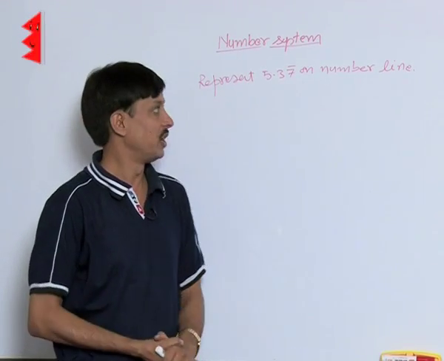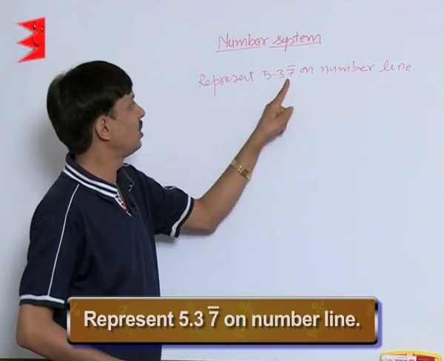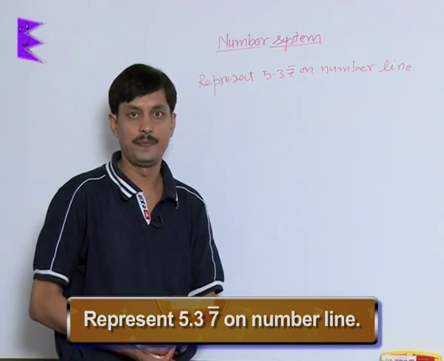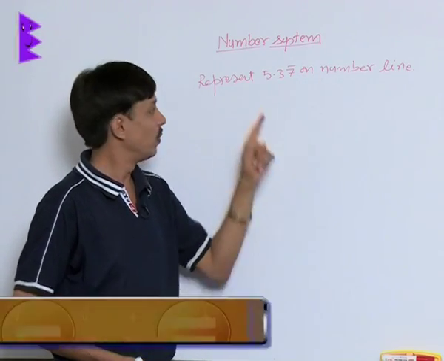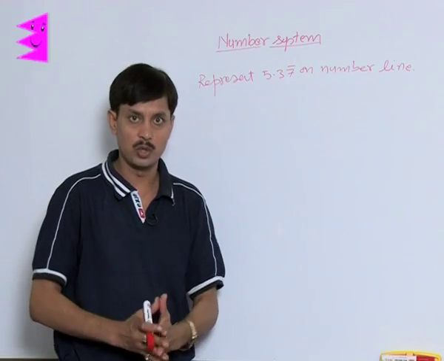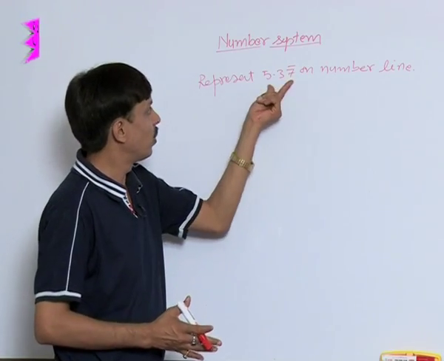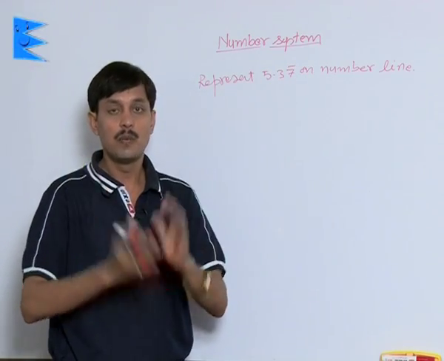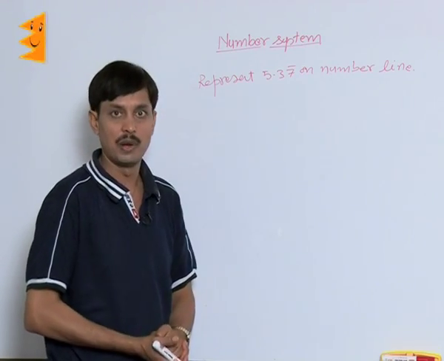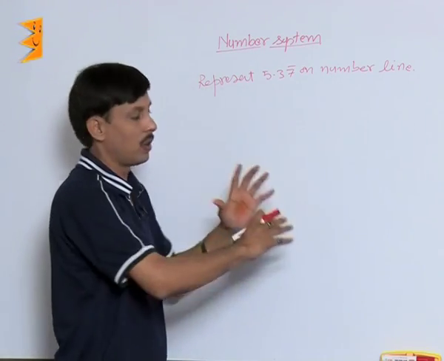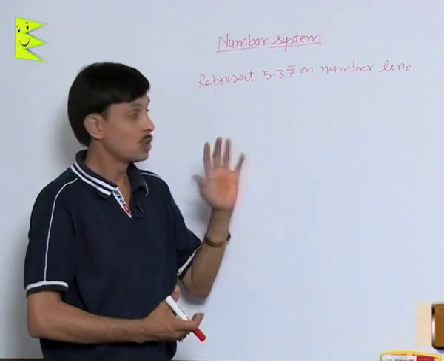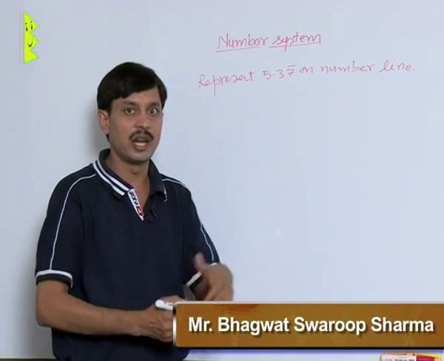Now another representation, represent 5.37 bar on number line. In order to represent where bar is given, there are two approaches. A, you can convert it into its rational number form, or B, with the help of the magnifying image. I am telling you the second approach.